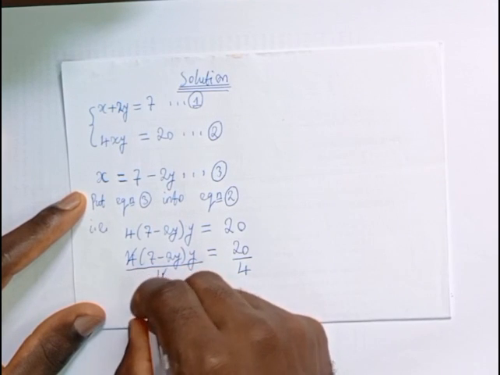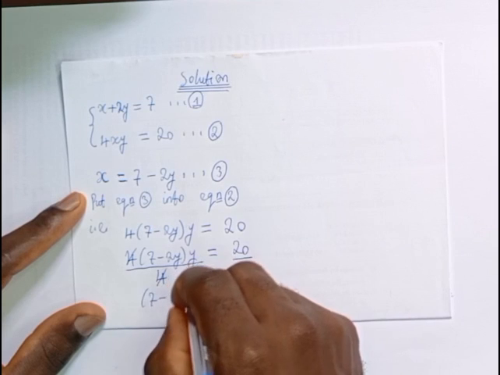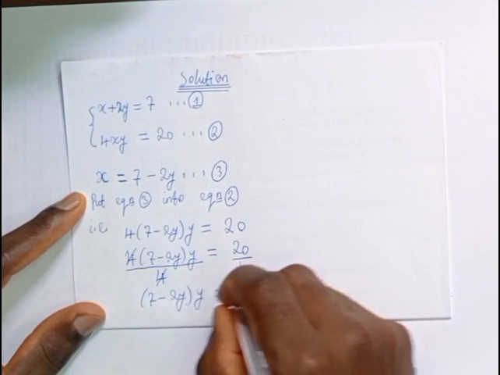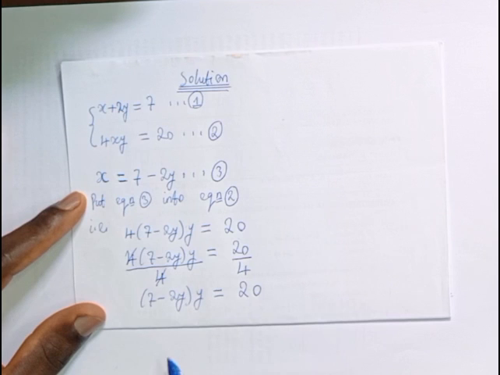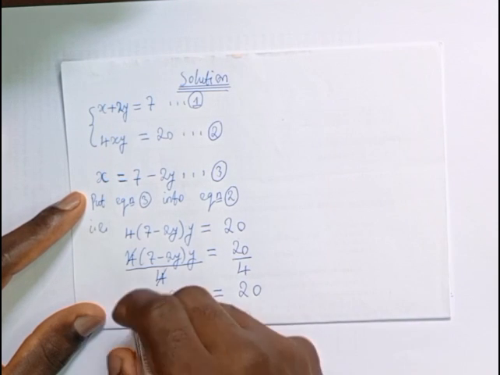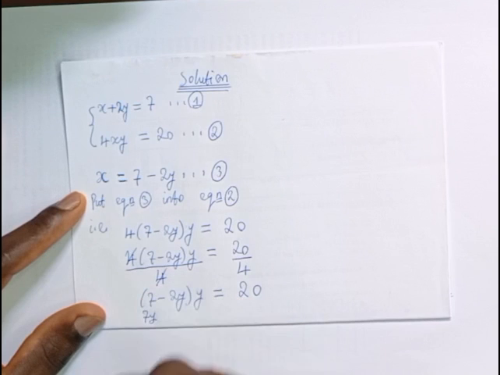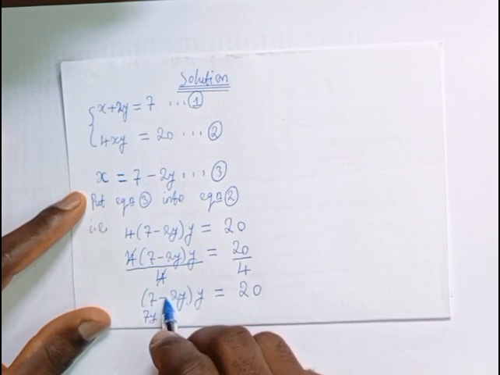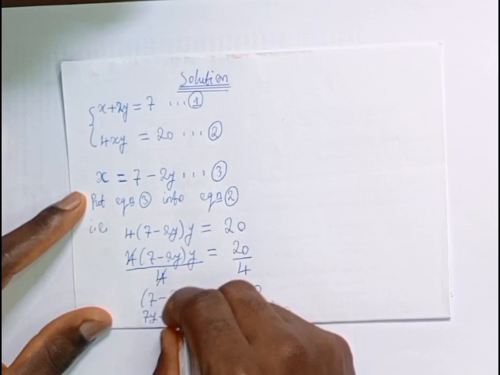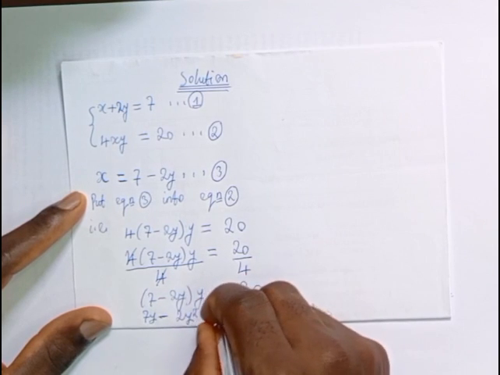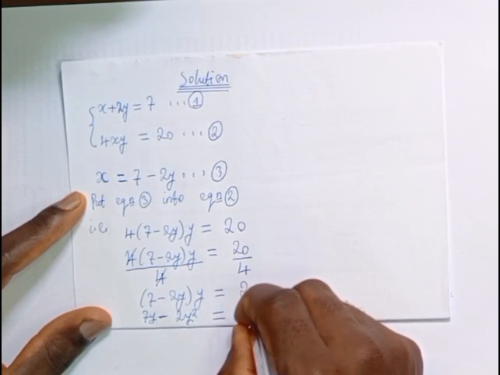We'll be left with 7 minus 2y times y is equal to 20. Next, we have to expand this bracket at the left hand side. 7 times y gives us 7y minus 2y times y gives us 2y squared is equal to 20.